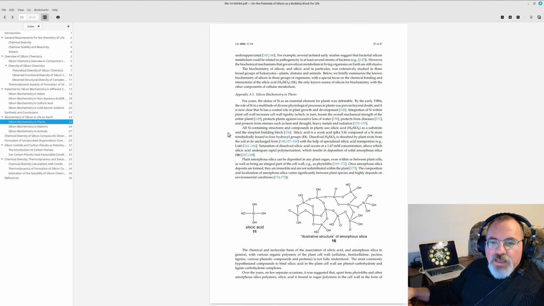Silicic acid is a weak acid composed of a silicon atom tetrahedrally bound to 4 hydroxyl groups. Dissolved H4SiO4 is absorbed by plant roots from the soil in its unchanged form, with the help of specialized silicic acid transporters, for example SiI6.